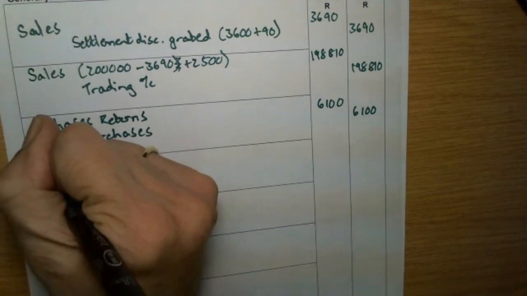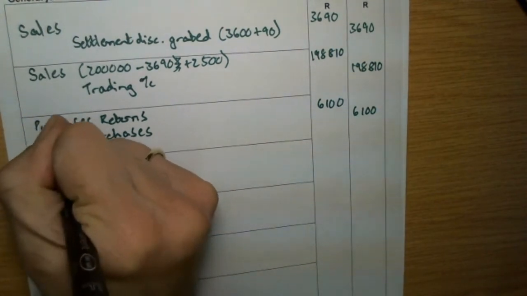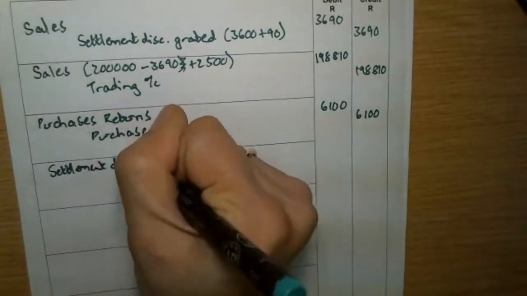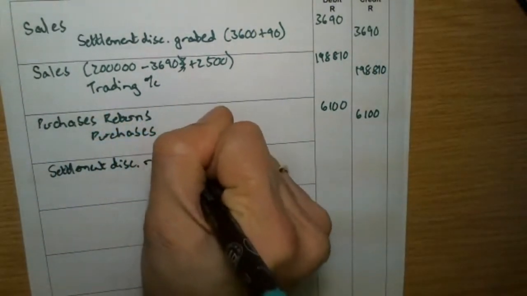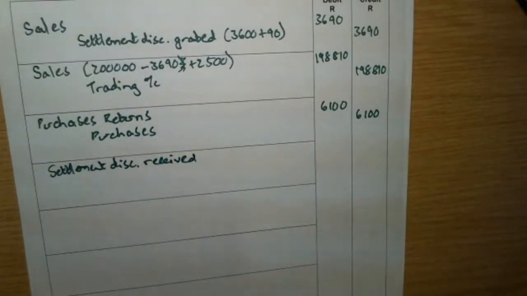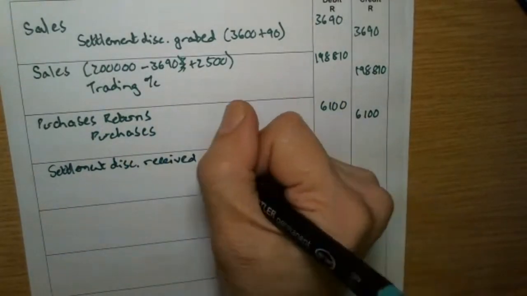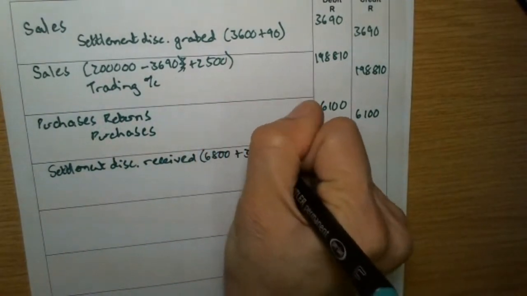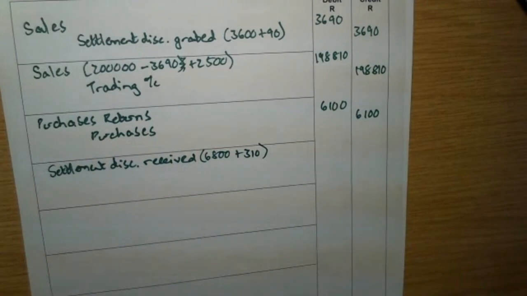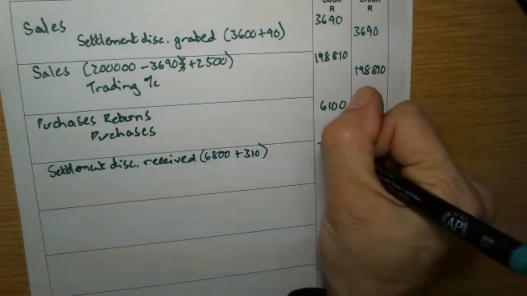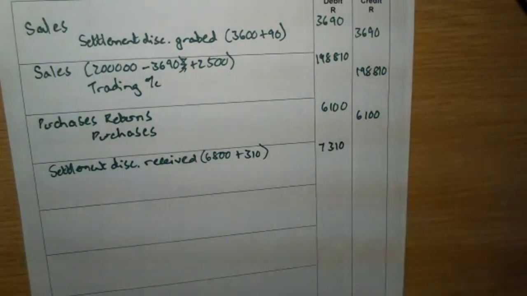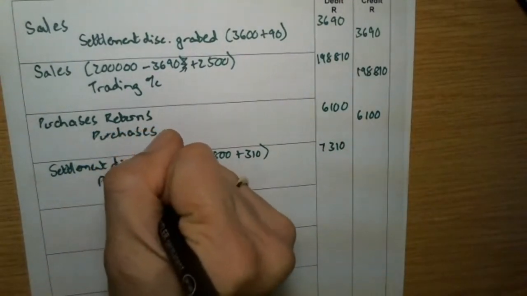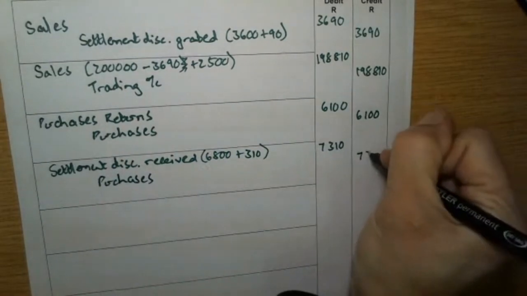I'm first of all going to be debiting settlement discount received, and the settlement discount received in the trial balance was 6,800, and I had an extra 310 that I created at the end of the year. So the total amount for settlement discount received is 7,310, and that amount is going to reduce purchases, 7,310.